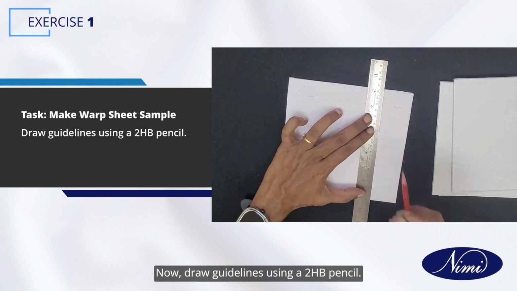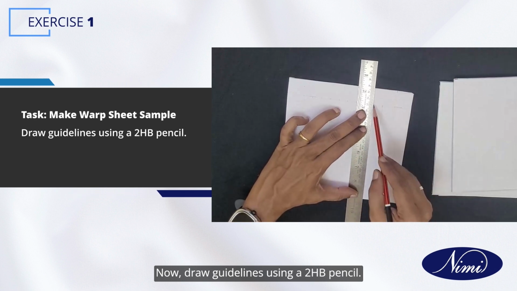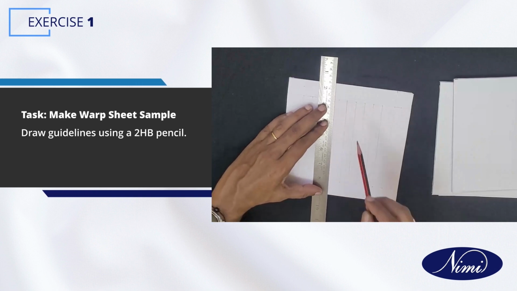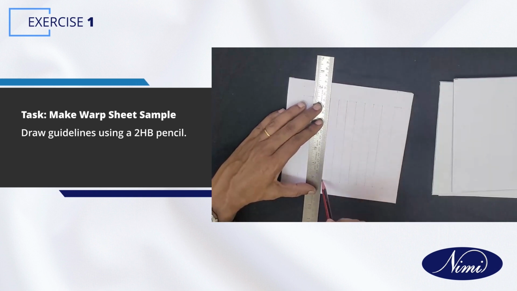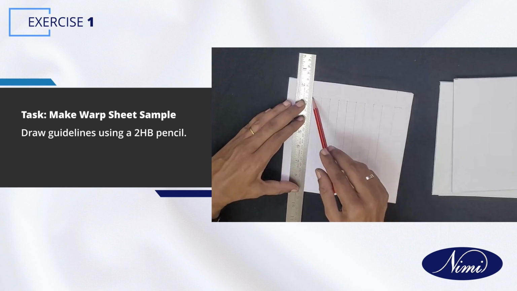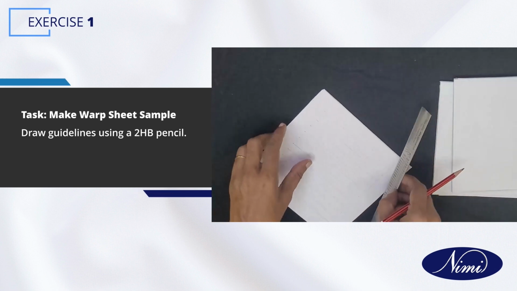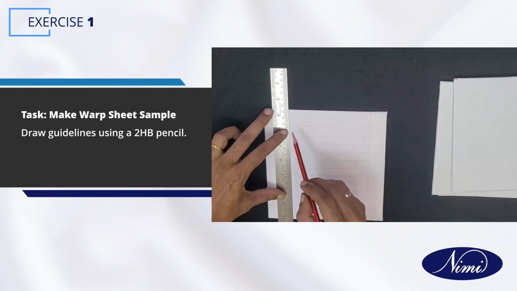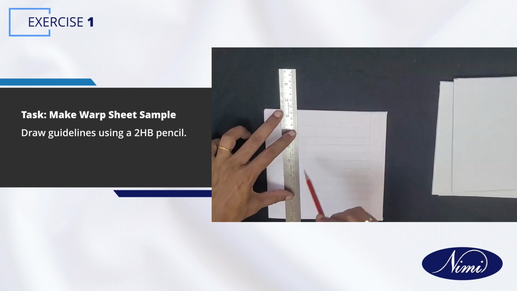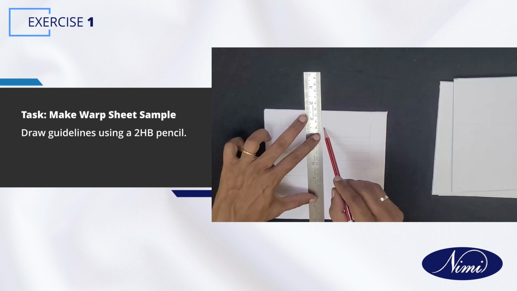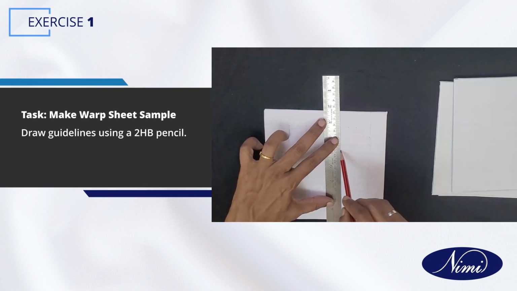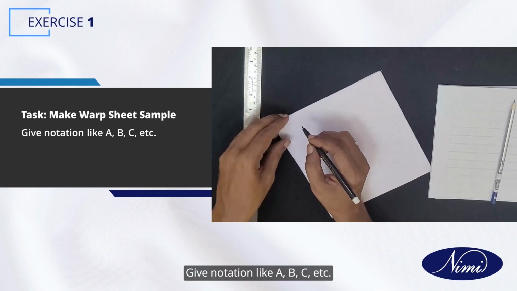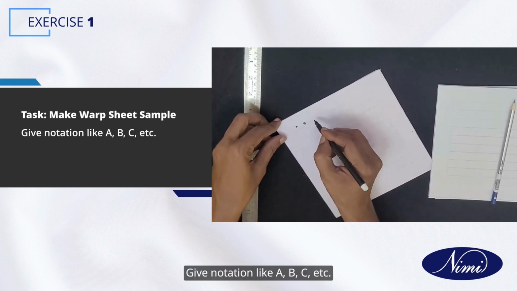Now, draw guidelines using a 2 HB pencil. Give notation like A, B, C, etc.